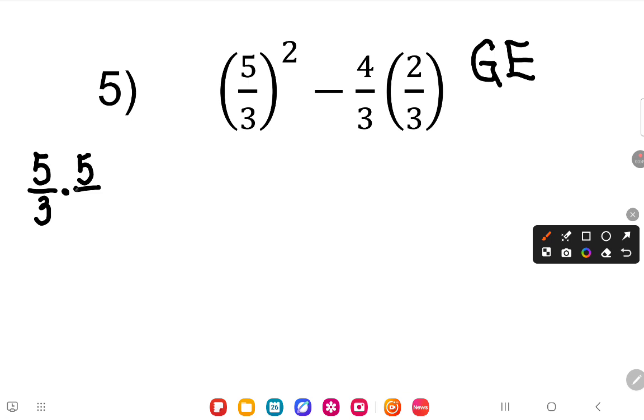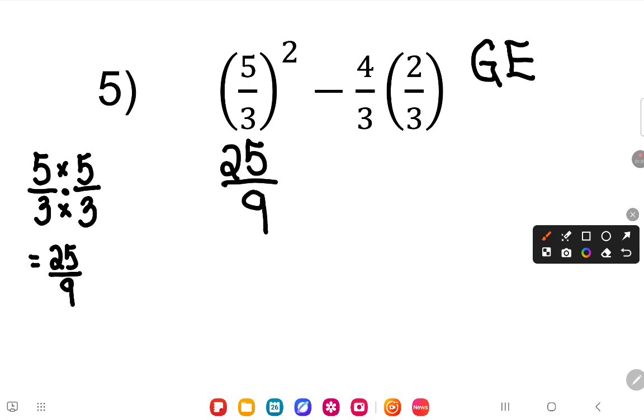Fractions are just an act of scaling. And so when you're multiplying and dividing them, all you have to do is go across the top and across the bottom. So 5 times 5 is 25. 3 times 3 is 9. 5/3 squared is the same as 25 over 9, or 25/9.